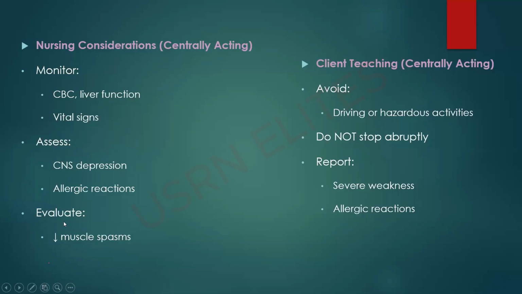So you have to evaluate muscle spasms if you are giving them. Avoid driving, like we said about all downness. And the next one is do not stop abruptly. We've talked about this many times. Report severe weakness and allergic reactions.